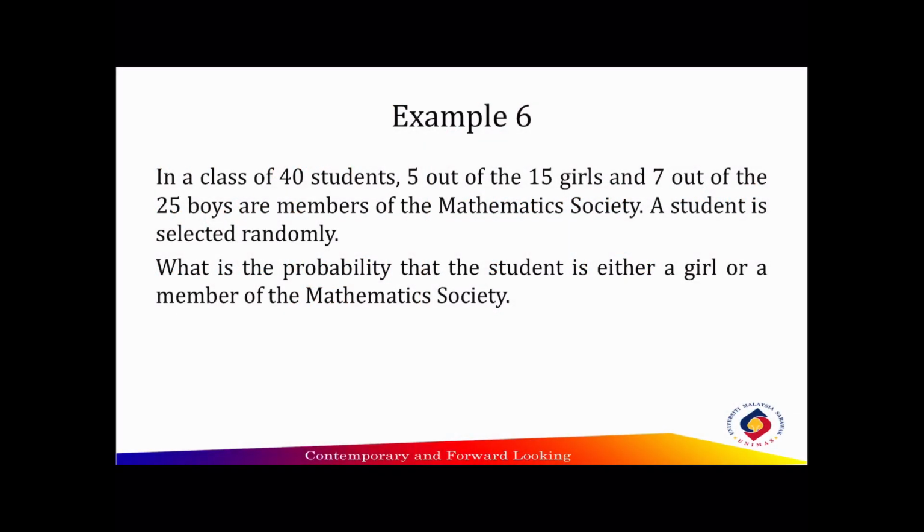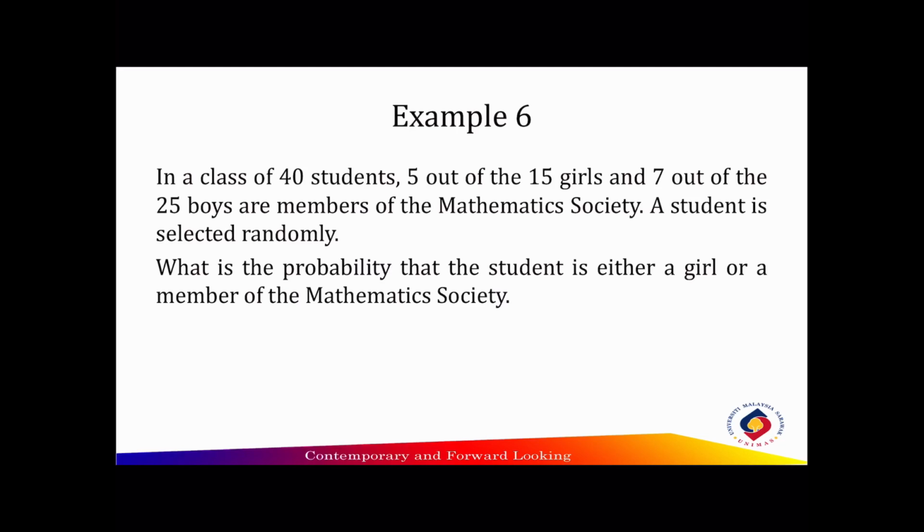Example 6, we have a class of 40 students where 5 out of the 15 girls and 7 out of the 25 boys are members of the Mathematics Society. So we choose a student randomly and we want to find the probability that the student is either a girl or a member of the mathematics society. So this is the union of events, and we will have to use the addition law of probability.